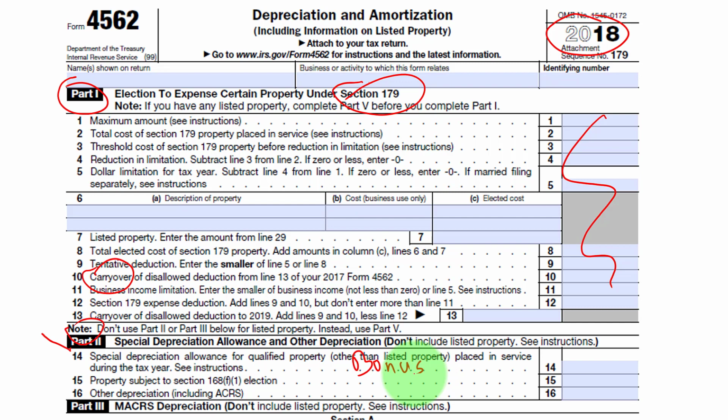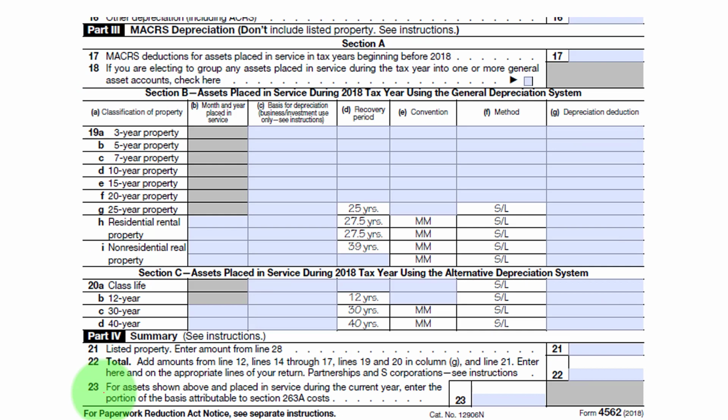Okay, and the main thing in Chapter 2 we were studying is the MACRS depreciation. So let's take a look at the next slide, focusing on part 3. Here for part 3, the main thing is the calculation of depreciation for new assets that we placed into service during 2018.